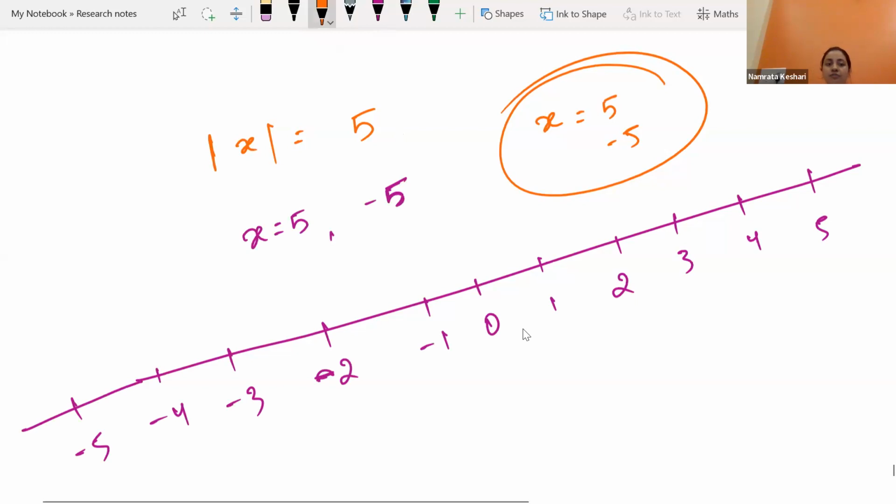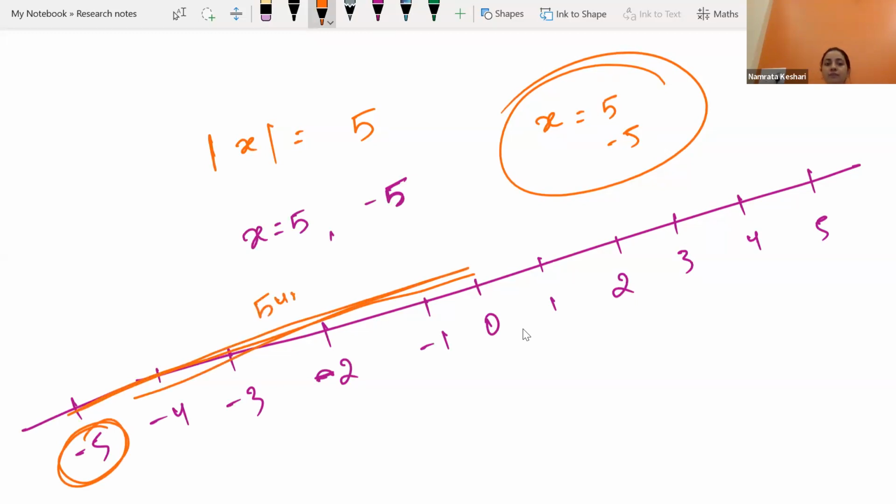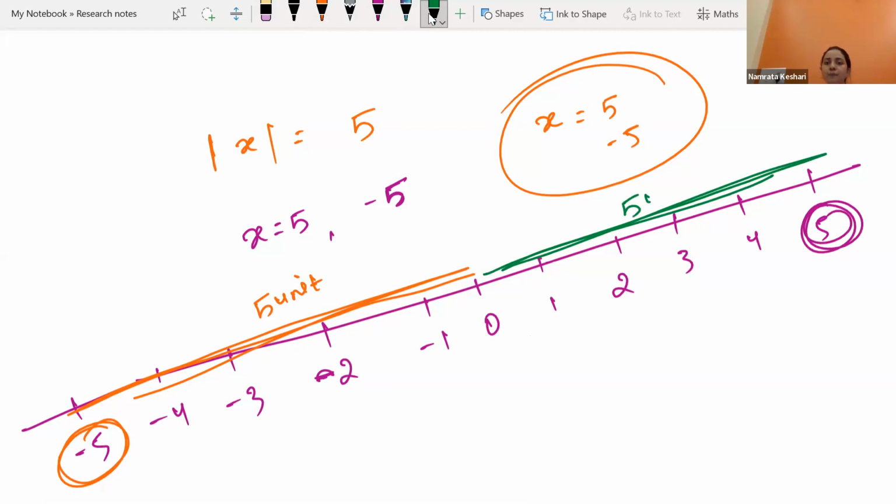This minus 5 point's distance from origin is 5 units, or this 5 point's distance from origin is 5 units. Both of these, minus 5 or 5, are points whose distance from origin is 5. And hence we have figured out these two x values.